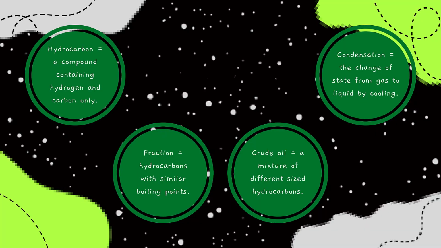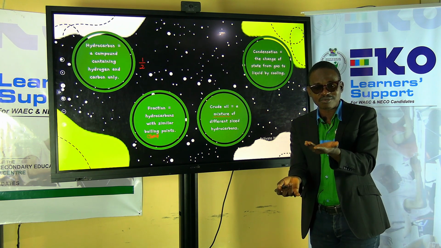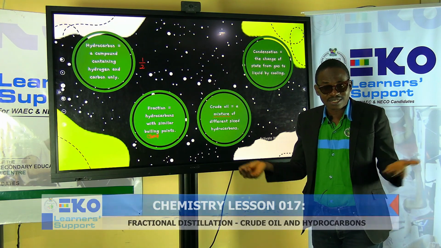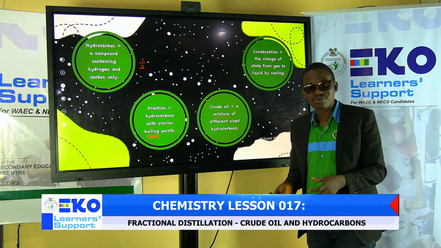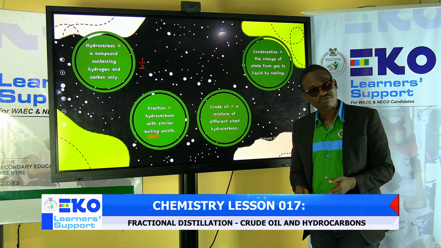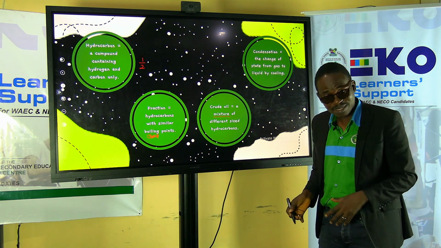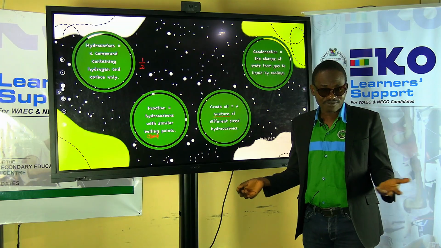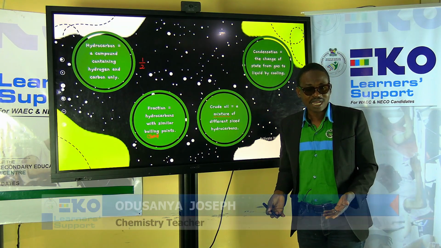A mixture of different size hydrocarbons. Nevertheless, something must happen: when you heat heavy hydrocarbon into lighter hydrocarbon, then you condense it to get it back. For example, your petrol is a volatile liquid. What does it mean? Let me tell you what I used to tell my students in the class. If you want to know, buy a petrol of 25 liters and expose it.